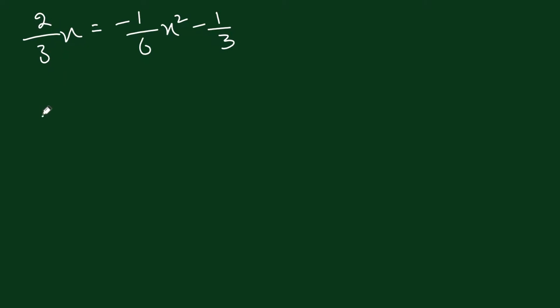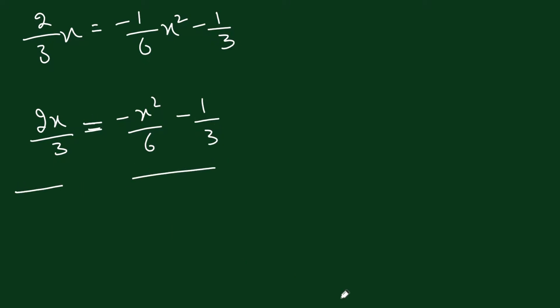2 by 3x, you can write 2 into x, 2x by 3, also minus 1 into x square, that is minus x square by 6, minus 1 by 3 is equal to, sign is here. So this is RHS, this is LHS. In RHS you can see you have fractions in subtraction. In LHS you have only one fraction.